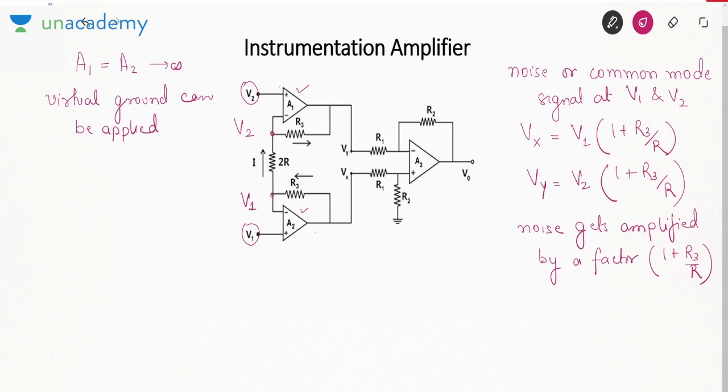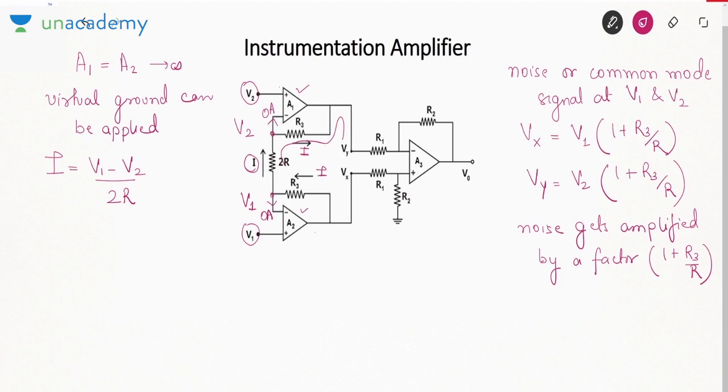The voltage of both the terminals will be equal. So what is this current I? I is simply V1 minus V2 by 2R. Now this current I cannot enter the op amp, so this current will be I. Similarly, I cannot enter this terminal, so this current will also be I.